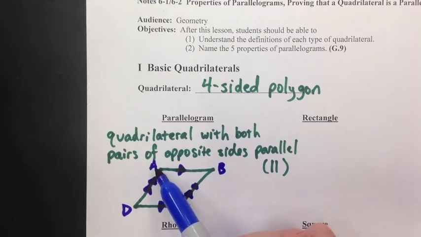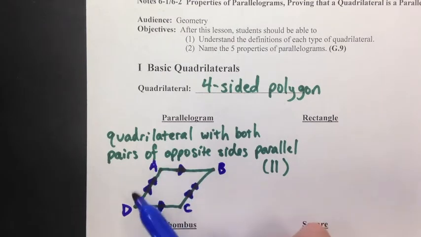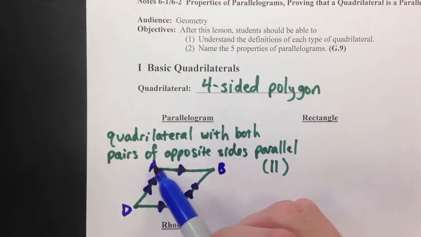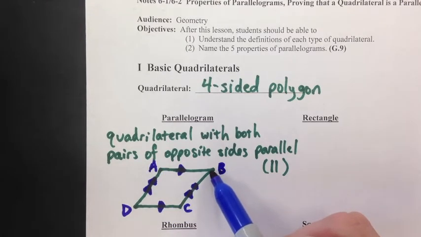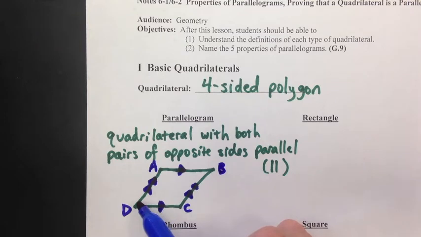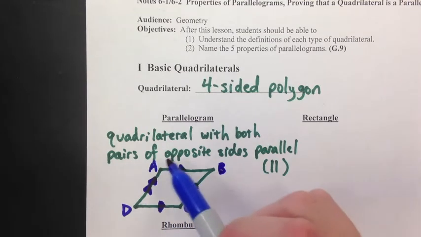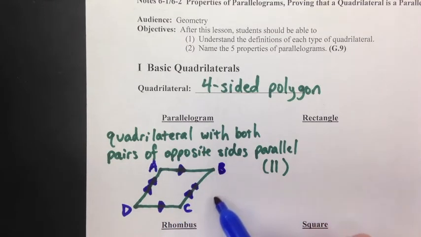It does not matter whether I go clockwise or counterclockwise. What does matter is that once I start to label, I keep going around until I finish. So if I start with A here and then here's B, I cannot jump across to C like this and then back to D. It's got to be A, B, keep moving around, C, D.